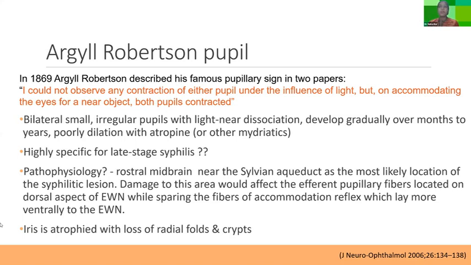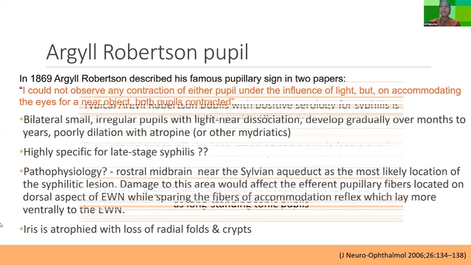So these are bilateral, small, irregular pupils with light-near dissociation. They develop gradually over months to years, with poor dilation with atropine and other mydriatics. They are highly specific for late syphilis, but it's still a question. The pathophysiology: probably the rostral midbrain is affected, thus leading to sparing of the pretectal nucleus, and just the accommodation reflex is present in these pupils.